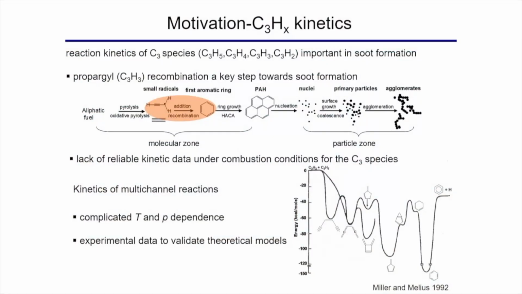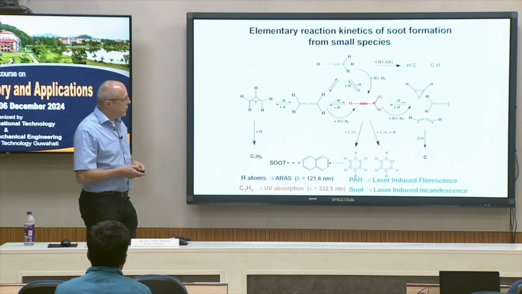So how do these two propargyl radicals recombine to form finally benzene? It can again, of course, have different pathways.